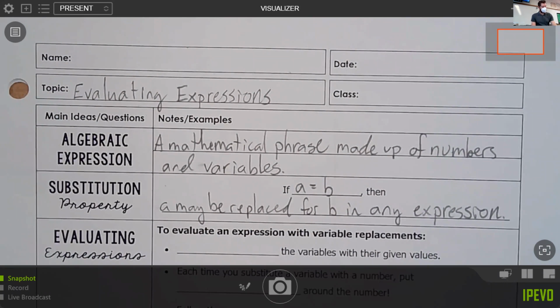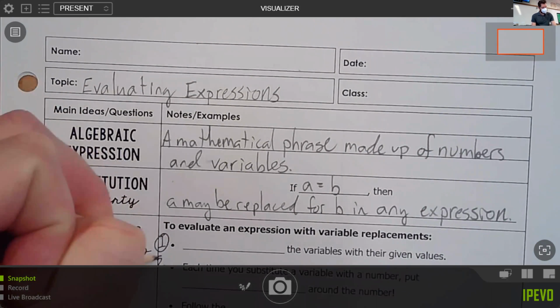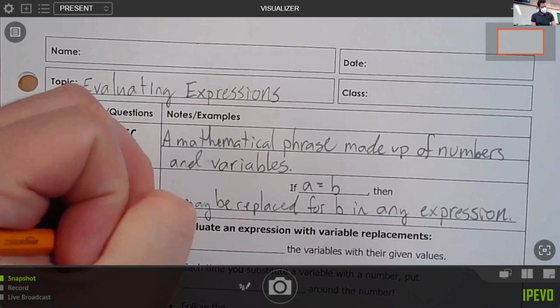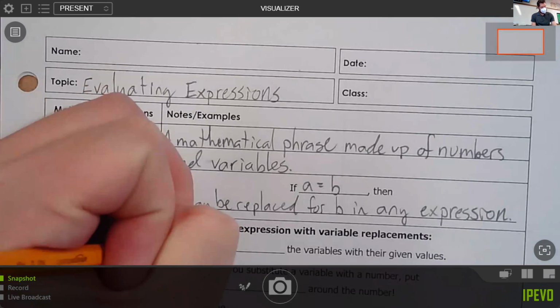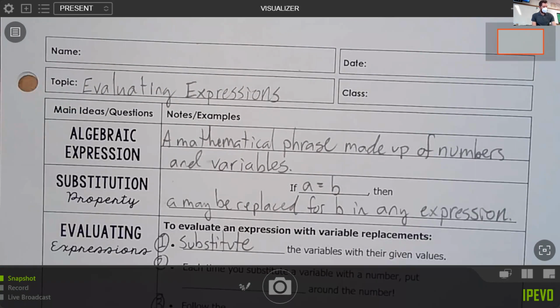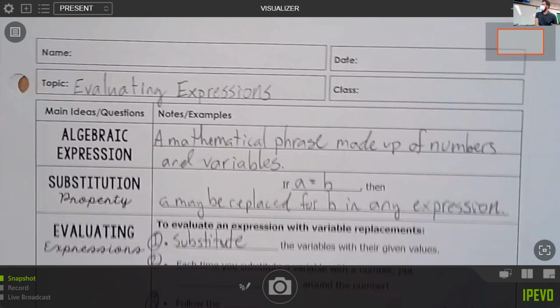And so this is a 3-step process. I'm going to number these as well. I'm going to say step 1, step 2, step 3. Step 1 is to substitute the variables with their given values.